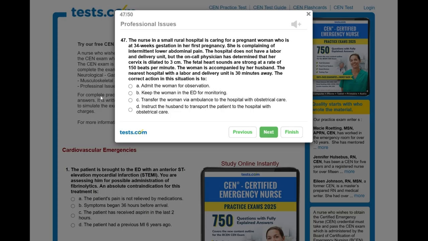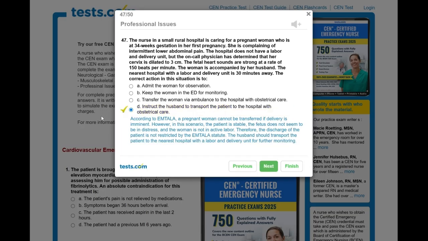The woman is accompanied by her husband. The nearest hospital with a labor and delivery unit is 30 minutes away. The correct action in this situation is to A. Admit the woman for observation. B. Keep the woman in the ED for monitoring. C. Transfer the woman via ambulance to the hospital with obstetrical care. D. Instruct the husband to transport the patient to the hospital with obstetrical care.